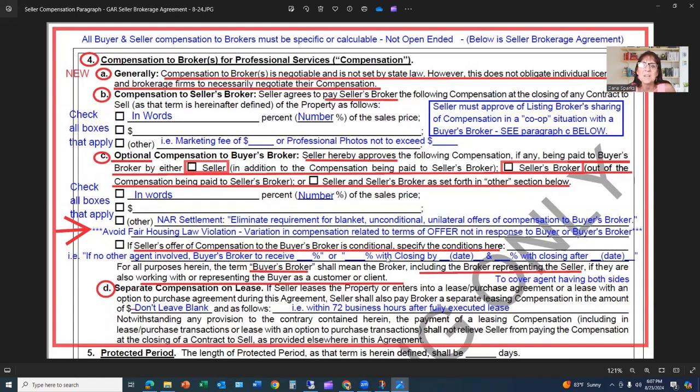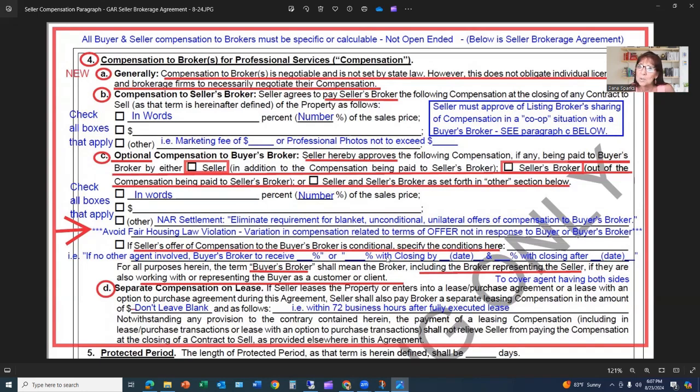That could also be something such as seller to compensate a buyer's broker a bonus of X amount of dollars with an offer by such and such date, a closing by such and such date, a final contract price of X versus Y. But my point to you is, any variation in compensation to a buyer's broker needs to be related to something having to do with the terms of the contract, regardless of who the buyer is or who the buyer's agent or broker is.